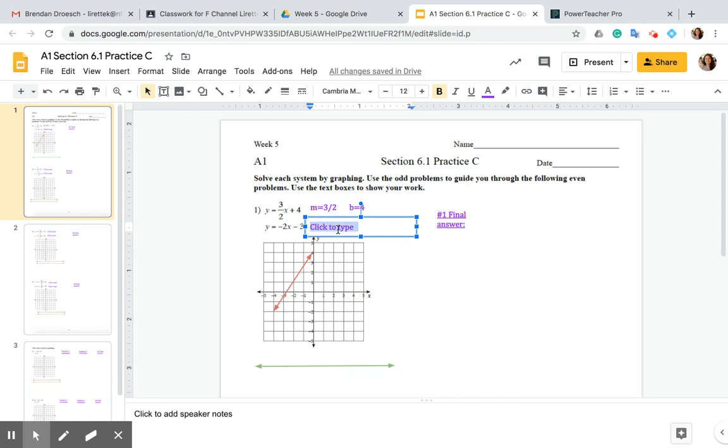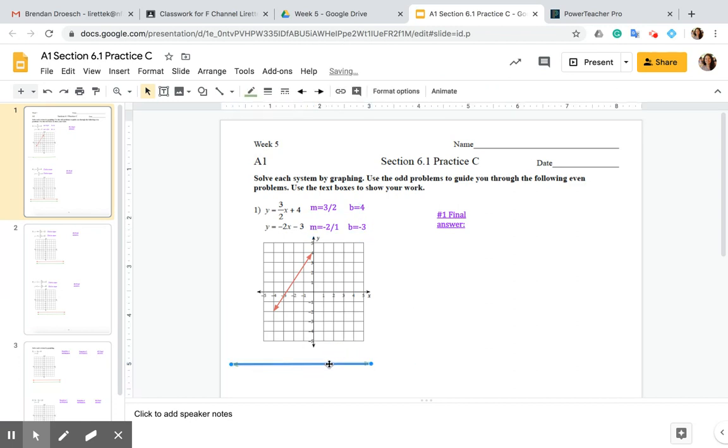Okay, equation number 2, my slope is -2, and I'm actually going to make it a fraction. If your slope is not a fraction, make it one by putting it over 1. We need to know what our rise and our run is. The b value, or the y-intercept, is -3. So this time I'm going to line up this arrowhead right here with a negative y-intercept.